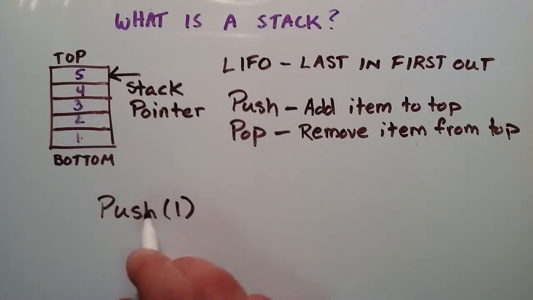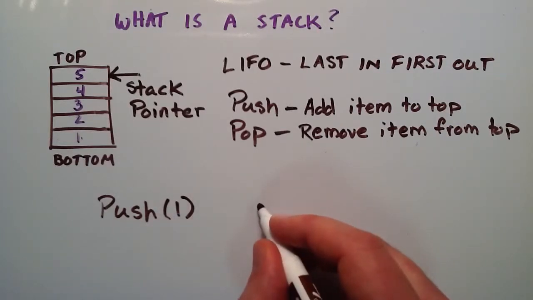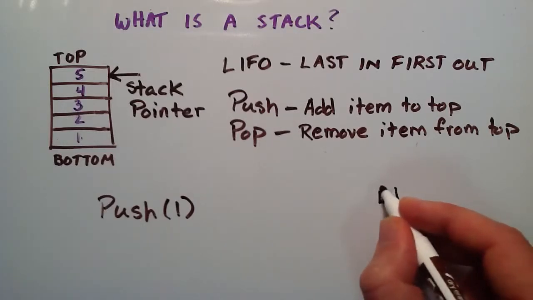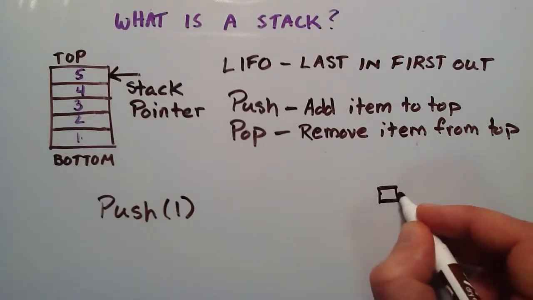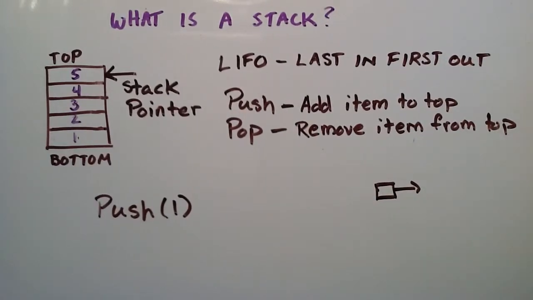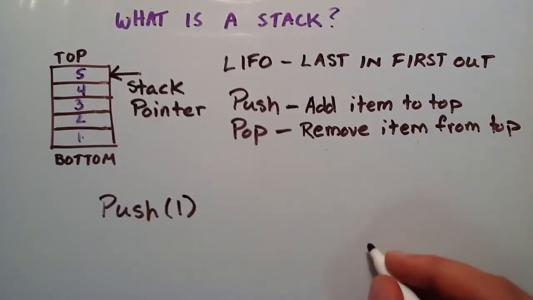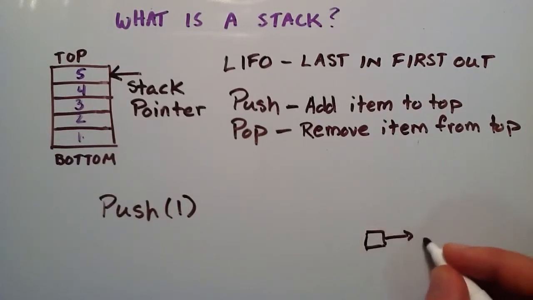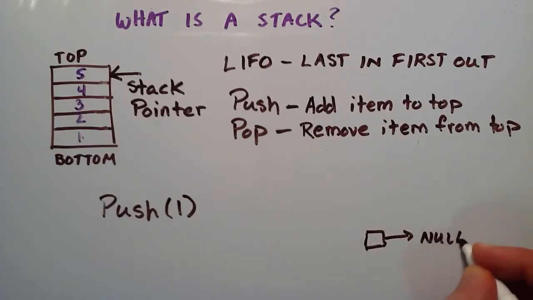My push function is going to take the value 1 and place it on a stack. For now, we don't have any type of stack at this point. So we'll say this is our stack pointer, and let's say it's down here, and it's pointing to null right now to begin with.